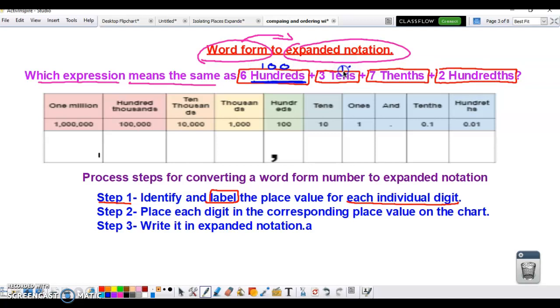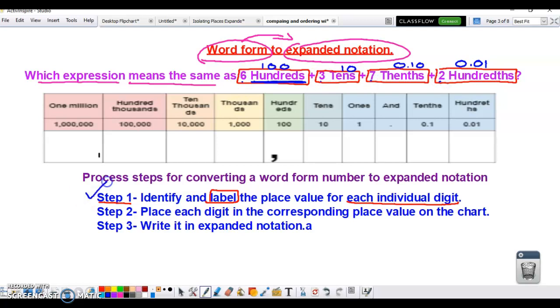The tens look like that. The tenths has a decimal, so it's 0.10. And then the hundredths will look like 0.01. So there, step 1 is just to label the place value for each individual digit.